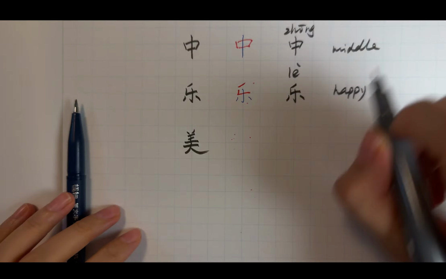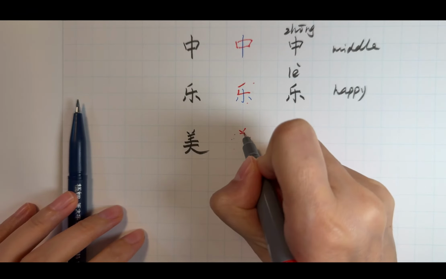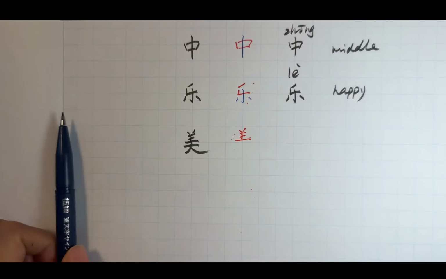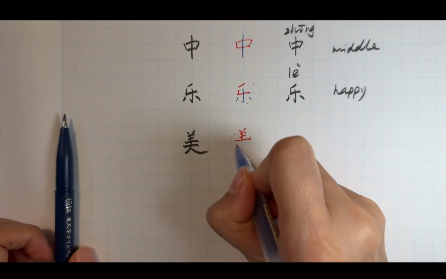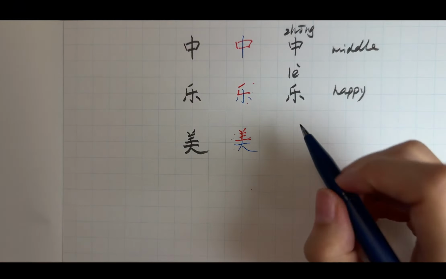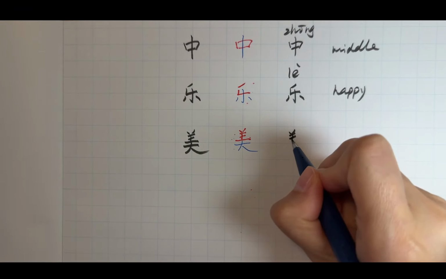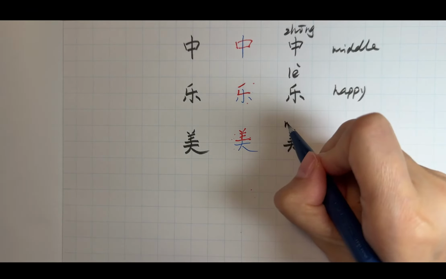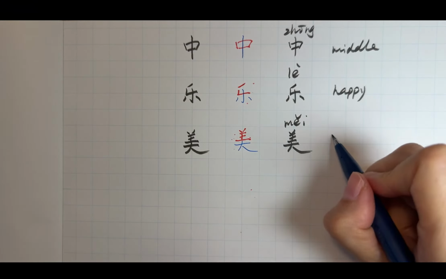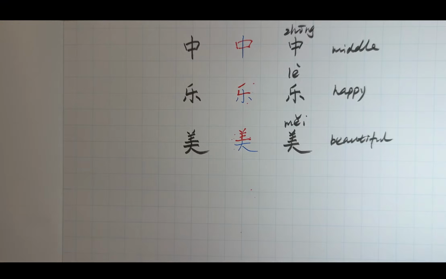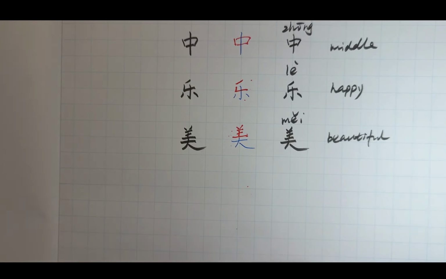So the top part is like the sheep, and the bottom is big. So that is 美. Now it means beautiful. Beautiful, 美. 这个很美.